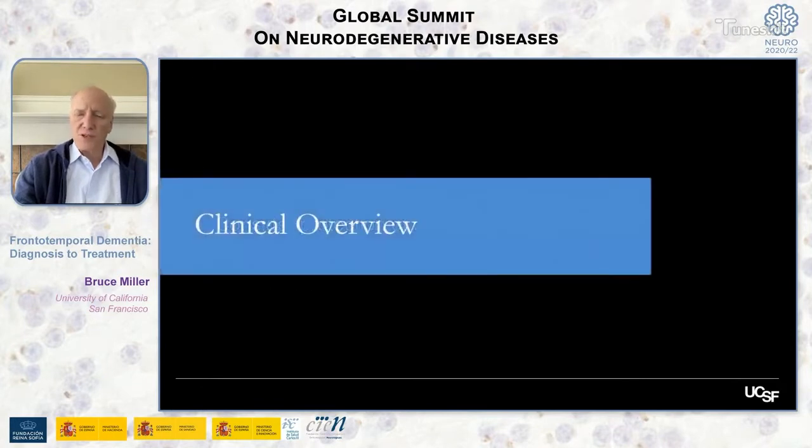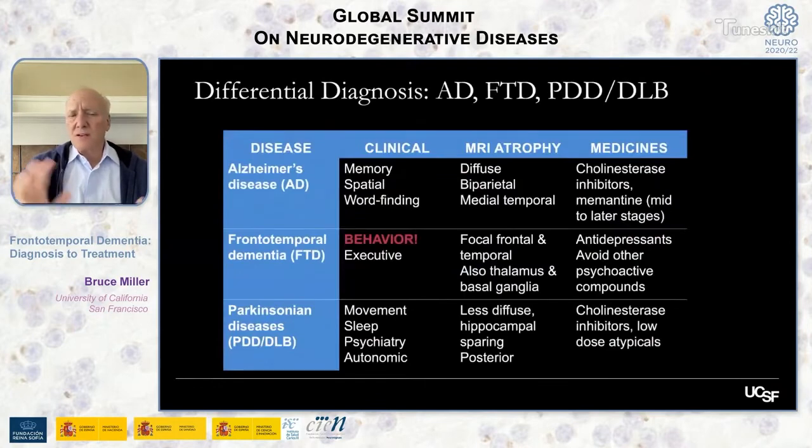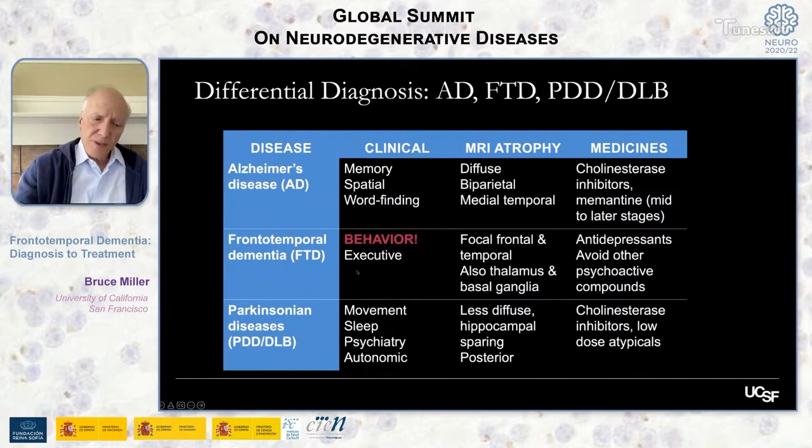Clinical overview. What does this look like to the clinician? Just a broad description. Alzheimer's disease often begins as a cognitive disorder. We also know that the Parkinsonian dementias begin with changes in not just movement, but sleep, depression, anxiety, and changes in the autonomic nervous system. bvFTD begins with behavior.